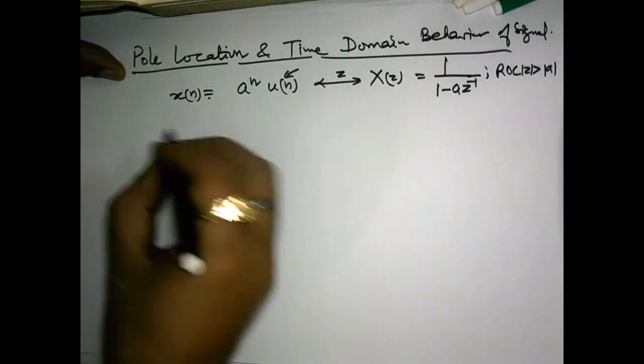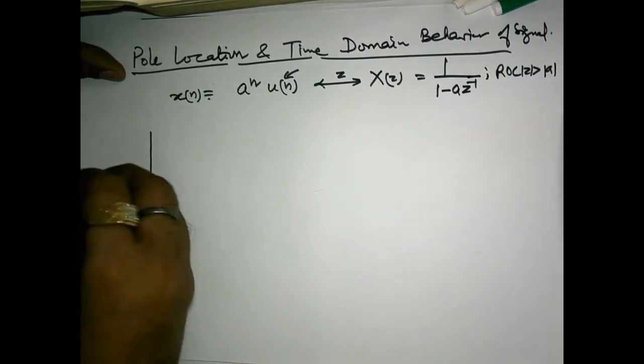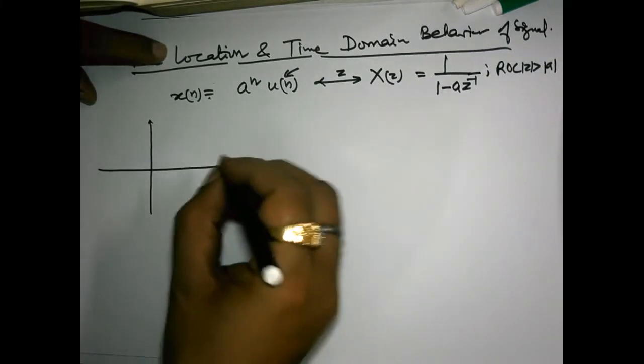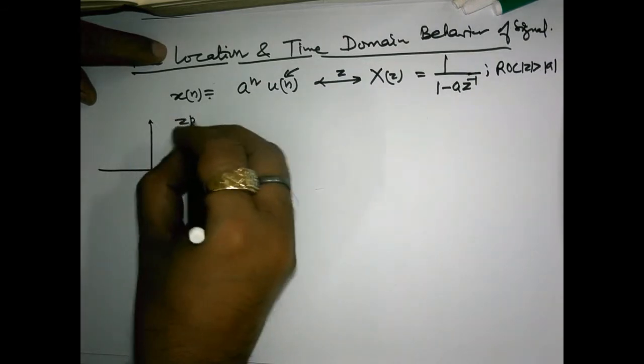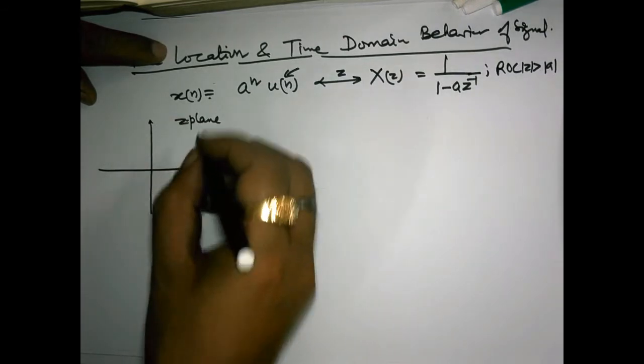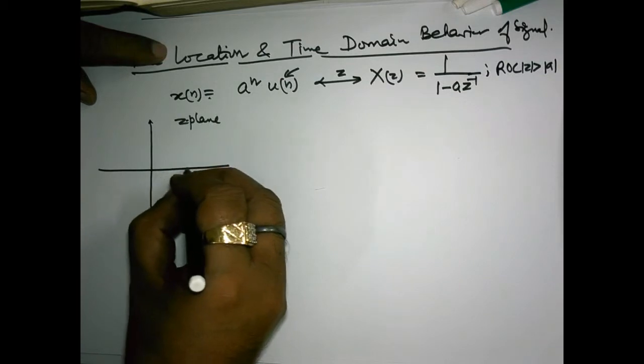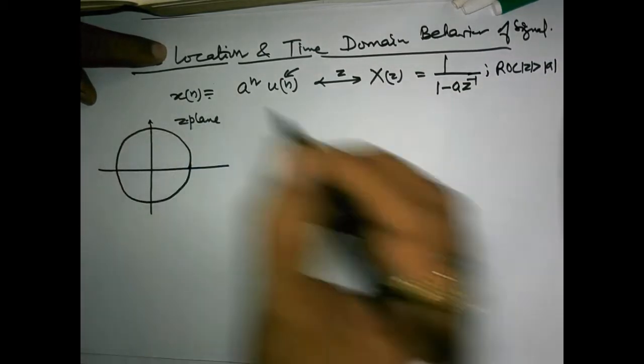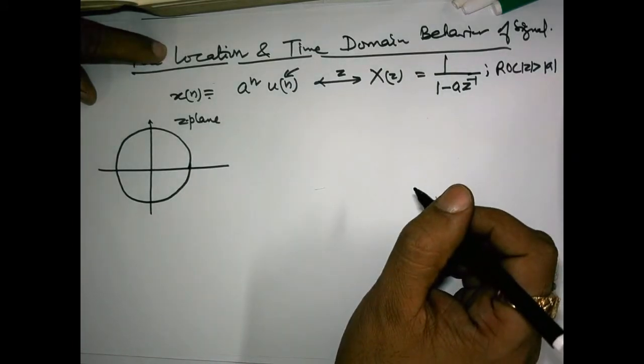Now we see that, suppose this is the z plane. We have a reference circle having unit radius.